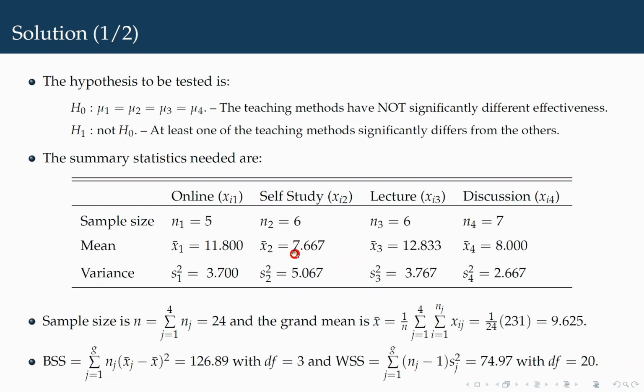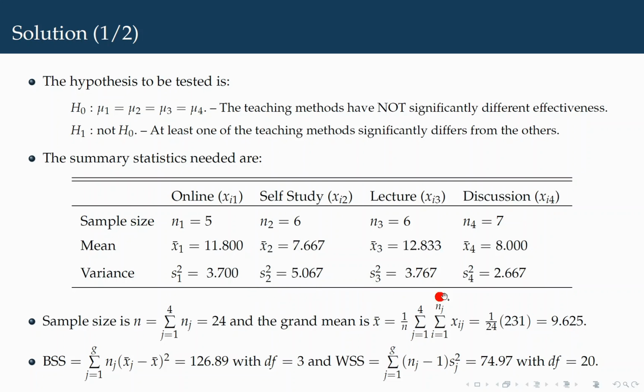So the difference between this value and this value represents the between variation of the second group. And the same is true of the between variation of the third group, which is the difference between 12.833 and 9.625. And that of the discussion group, which is the difference between 8 and 9.625.